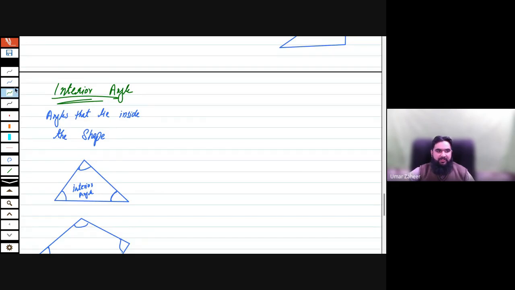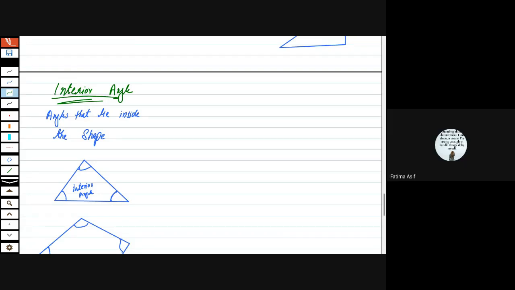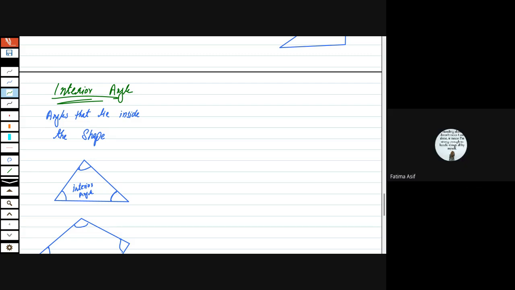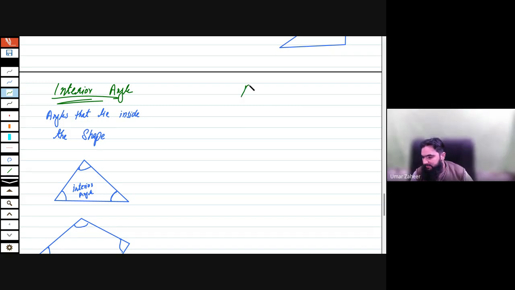On the other hand, we have exterior angles. What is an exterior angle? The angle outside the shape.